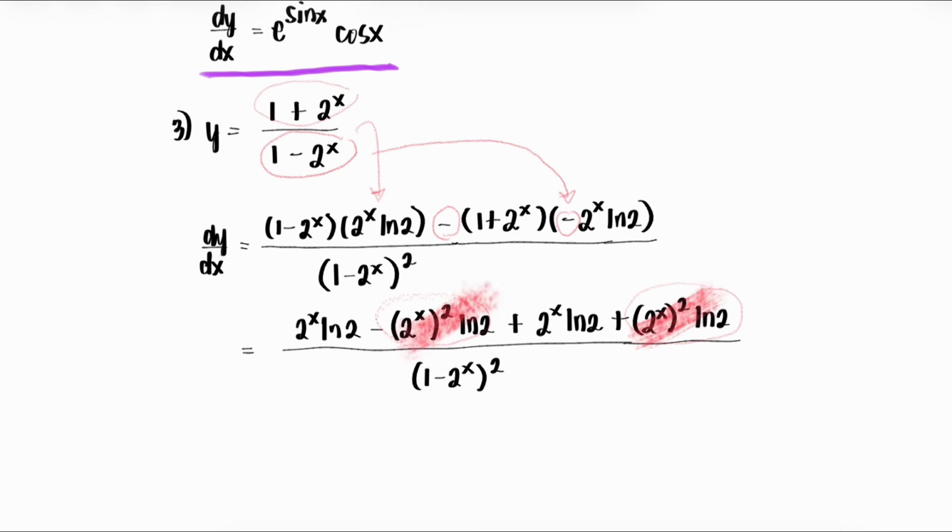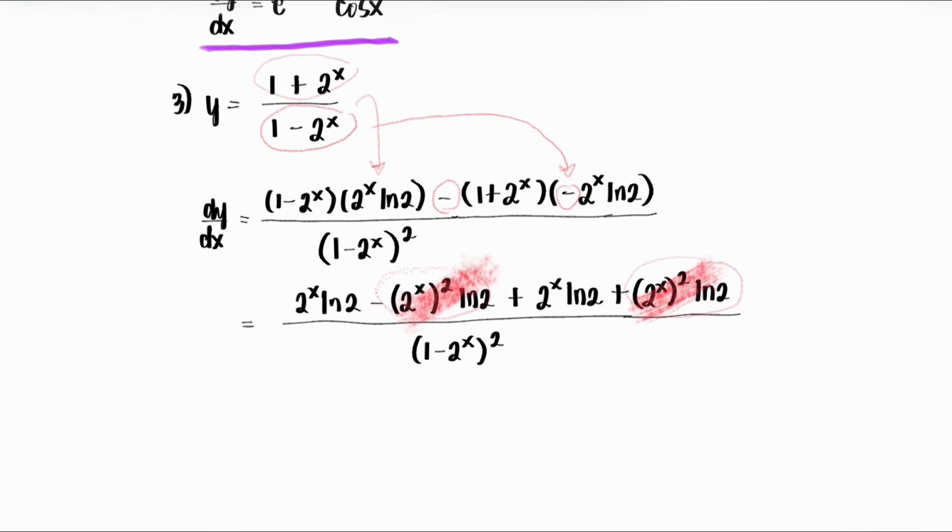So what's left in the numerator is 2 times 2 to the power of x ln of 2 divided by 1 minus 2 to the power of x quantity squared.